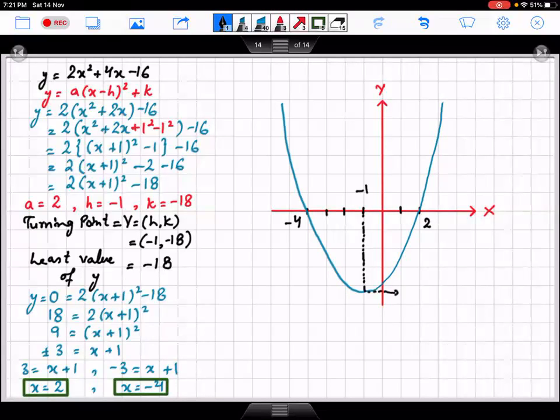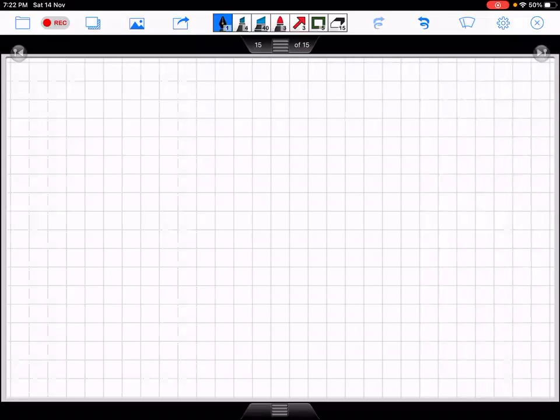So this value should be -18 and this was the turning point, that is -1 comma -18.